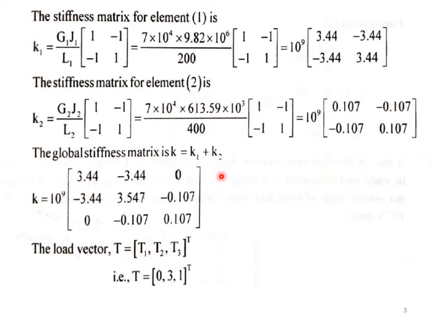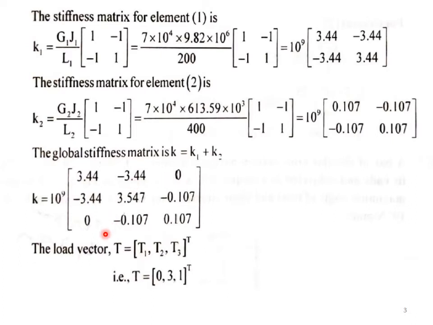Upon writing 1 2 3 horizontally and vertically, we substitute those values here, and wherever required we add them and write the value. This simple method of addition is how we get the global stiffness matrix.